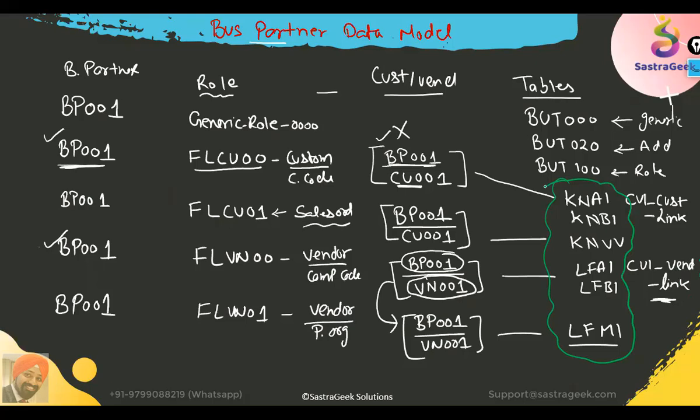Okay. Because your data model is not changing for customer and vendor, there is very minimal impact on the operations of your order to cash or procure to pay. Although the master data will change, on the operation side, whenever you create a sales order or a purchase order, we will not be talking about business partner.